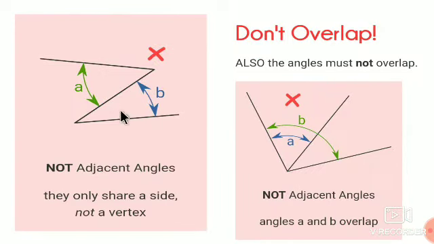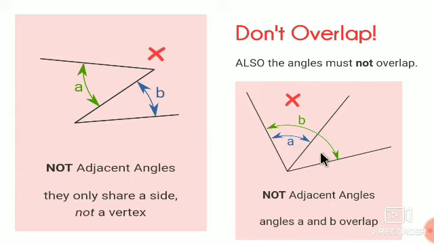Now in this figure, angle A and angle B have the common arm. This is the common arm, but angle A has its vertex here and angle B has its vertex here. So the common vertex is not there, meaning this figure is also not of adjacent angles.